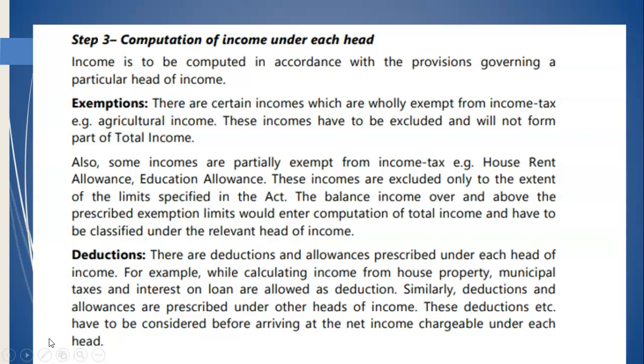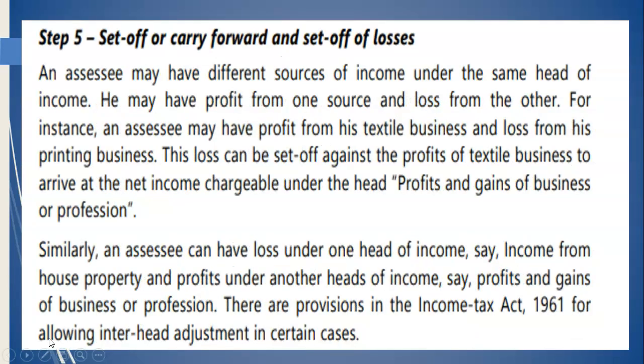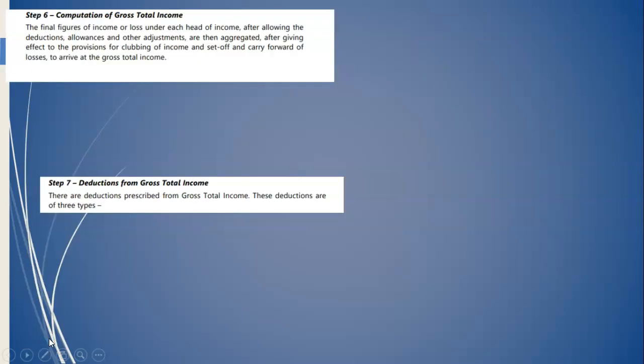Step 3 being, one needs to calculate computation of income under each head. Clubbing of income of spouse or minor child comprise of the next step. Step 5 requires the assessee to set off or carry forward of the income and losses.